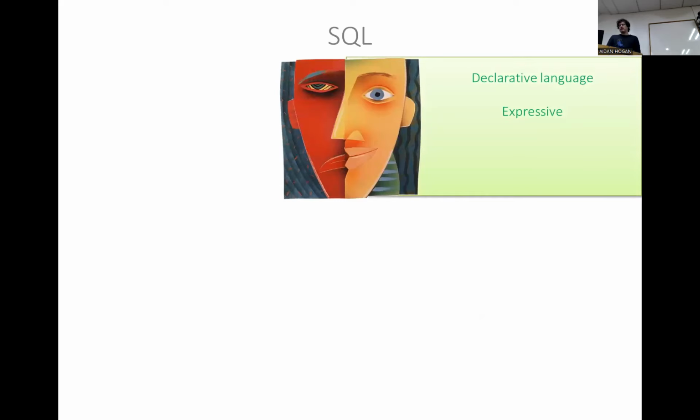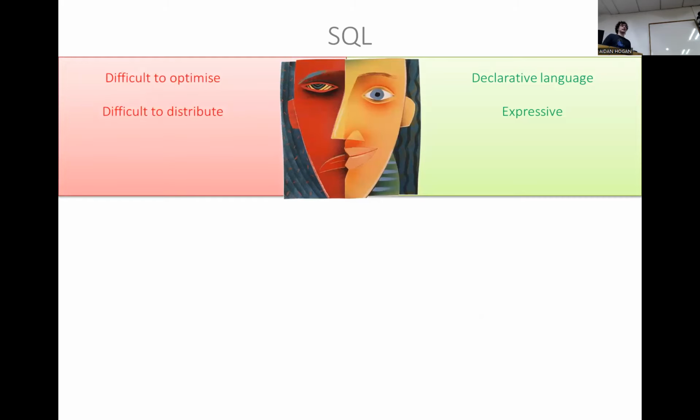SQL has some advantages and disadvantages. In terms of advantages, it's a declarative language and it's highly expressive. Using SQL, we can write complex queries, state what we want, and then delegate to the database system the process of optimizing and figuring out the best way to get what we want. However, because it's a very expressive language, it's difficult to optimize.